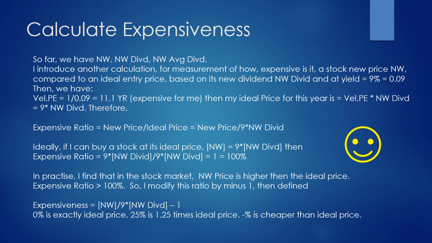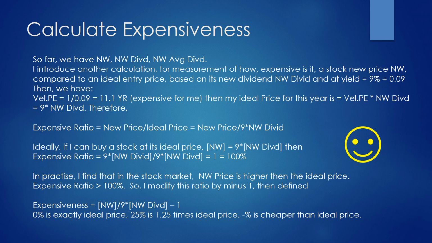It is somewhat expensive for me. Then my ideal price for this year is velocity PE times new dividend equal to 9 times new dividend. Therefore, expensive ratio equal to new price divided by ideal price equal to new price divided by 9 new dividend.